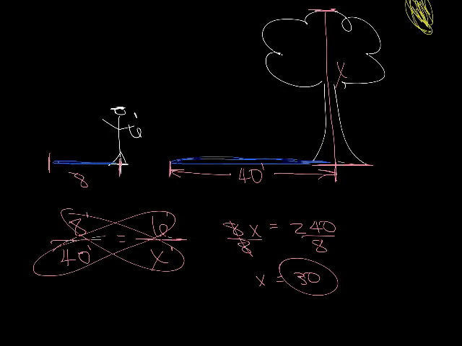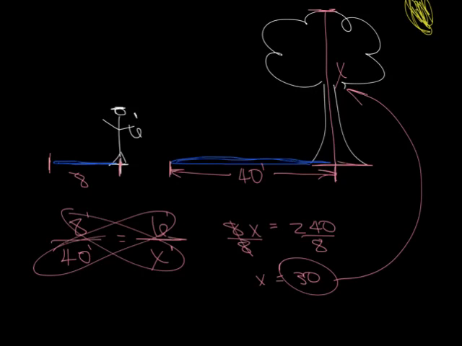So therefore, I just discovered that the tree is 30 feet high, based on you not even leaving the ground. All you had to do is measure the length of your shadow and know your height, measure the length of the tree shadow, and you could find its height. So, kind of a cool way to find out the height of different objects based on the shadow that they cast.